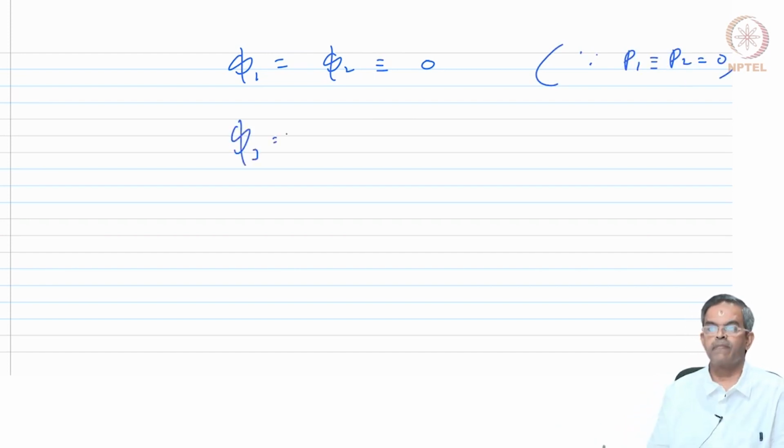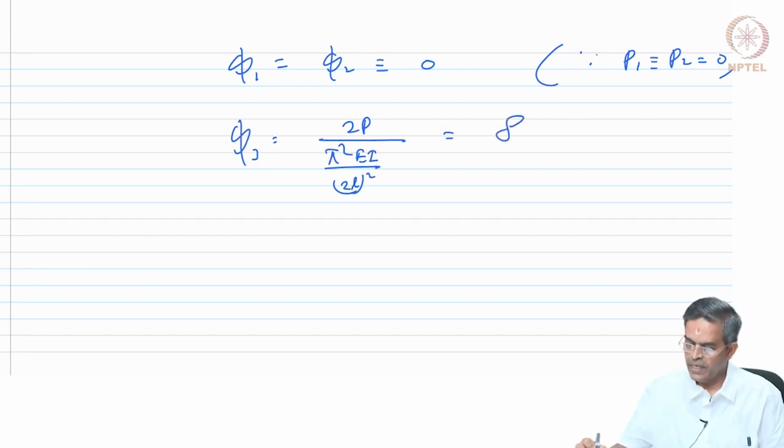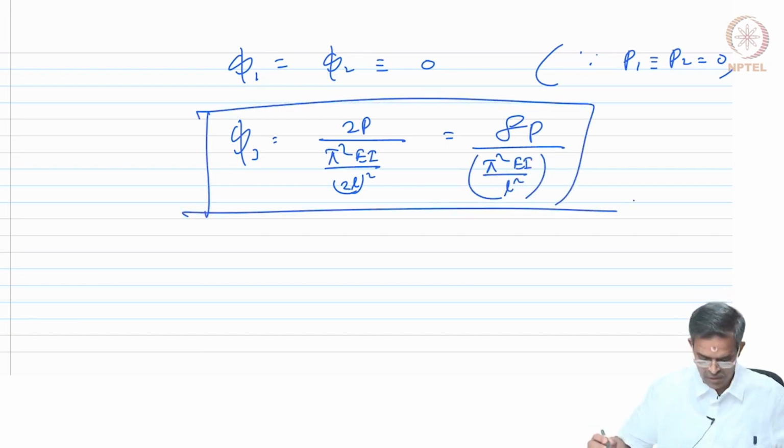So let us say phi 3 is 2p times of pi square ei by 2l the whole square, which will be 8p by pi square ei by l square. Let us keep this information with us to compute my critical load.